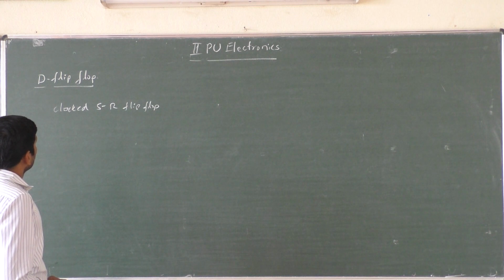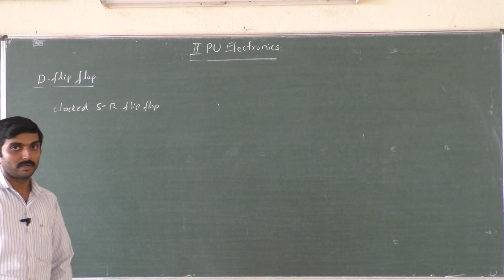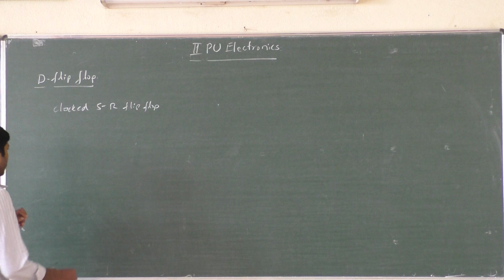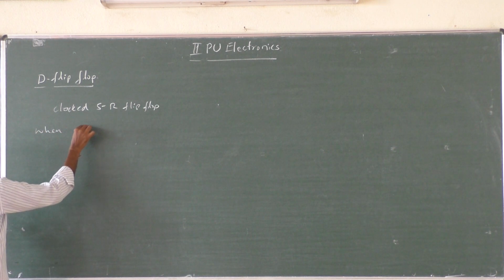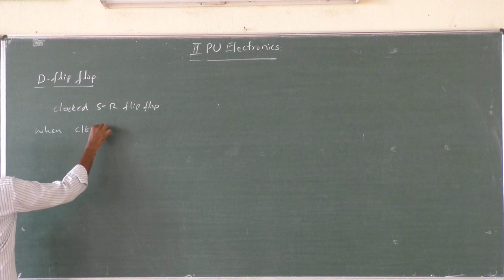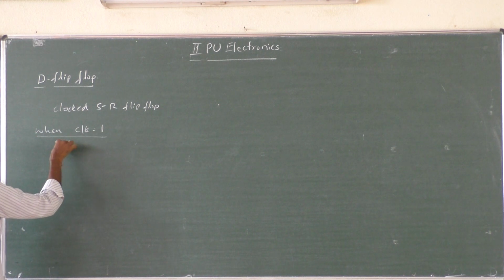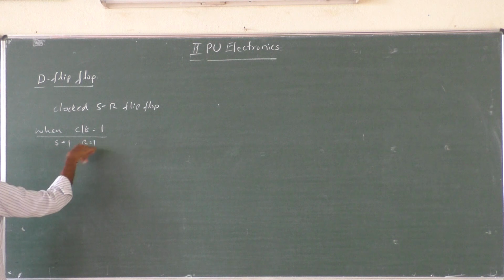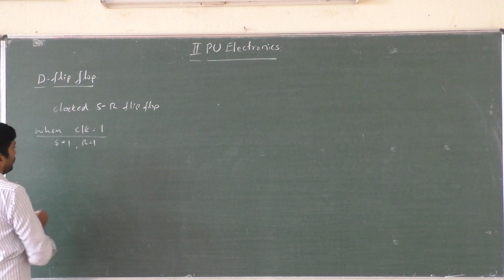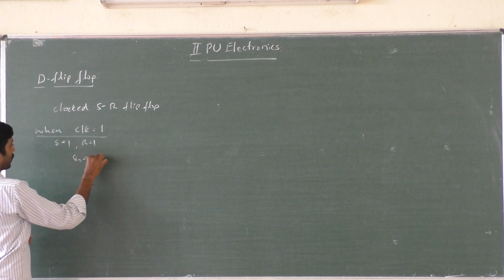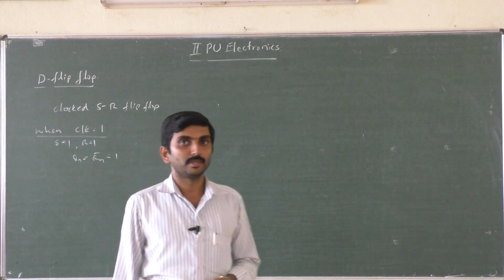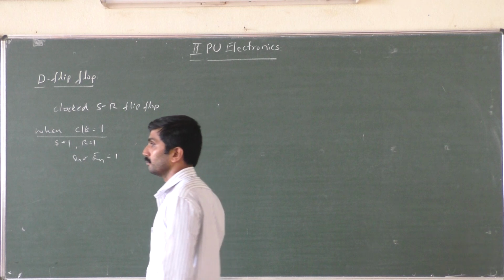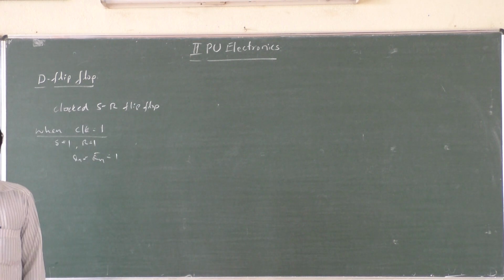We have seen in the truth table of clocked SR flip-flop the last condition: when clock equal to 1, if I made S equal to 1 and R equal to 1, then Qn and Qn bar both switch to logic high state, which is an undesirable condition.